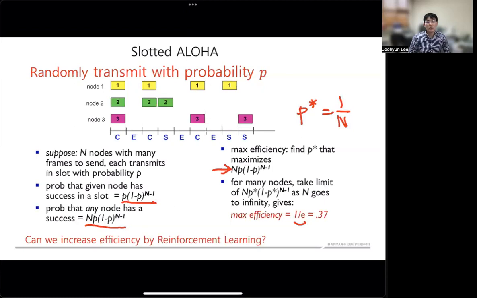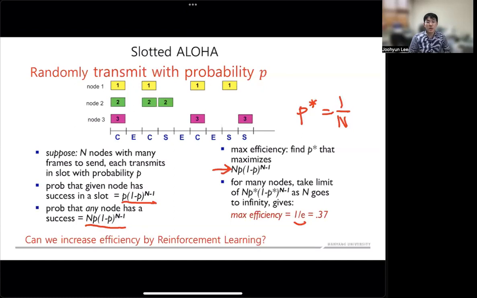So the efficiency of slotted Aloha when N goes to infinity is about 37%, and we cannot get a higher efficiency in slotted Aloha.